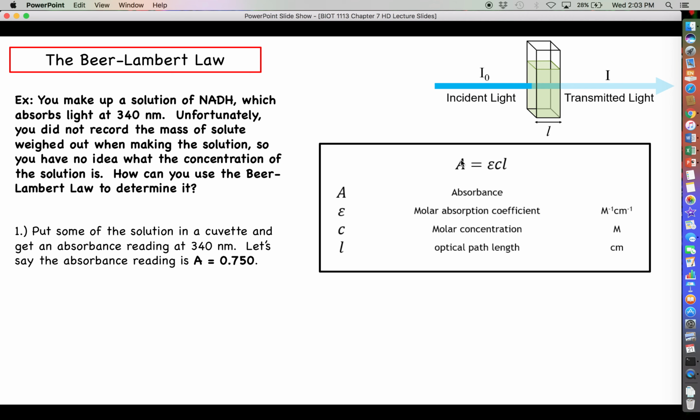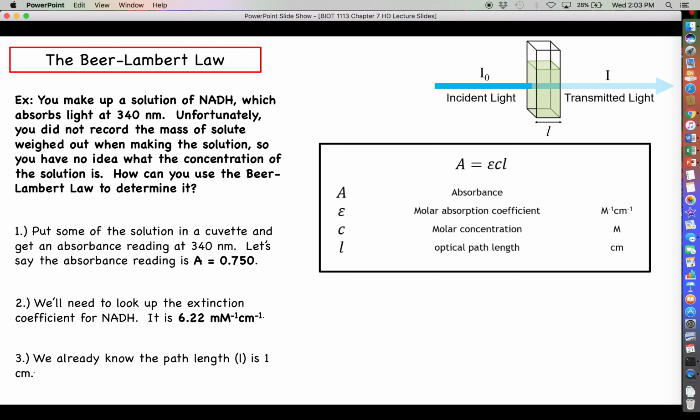Okay, so now we're going to use this formula for the Beer-Lambert law. We already know the absorbance, we already know the path length, which has to be 1 centimeter, and now we need to look up the extinction coefficient for NADH, which just so happens to be 6.22 per millimolar per centimeter. So we know the absorbance, we know the extinction coefficient, and we know the path length.